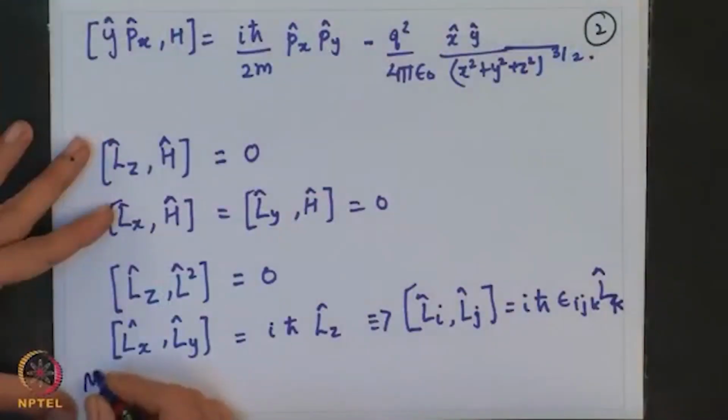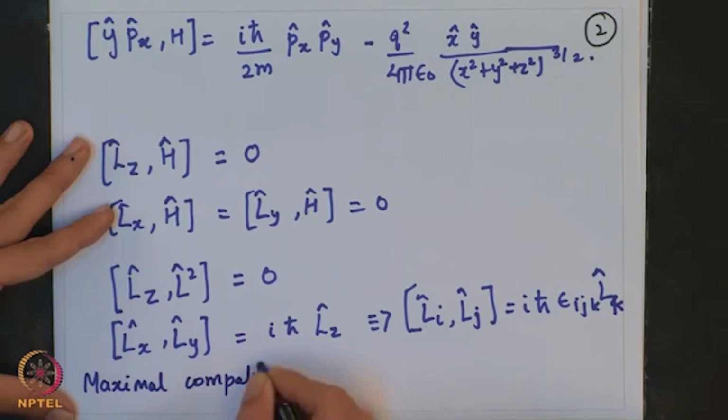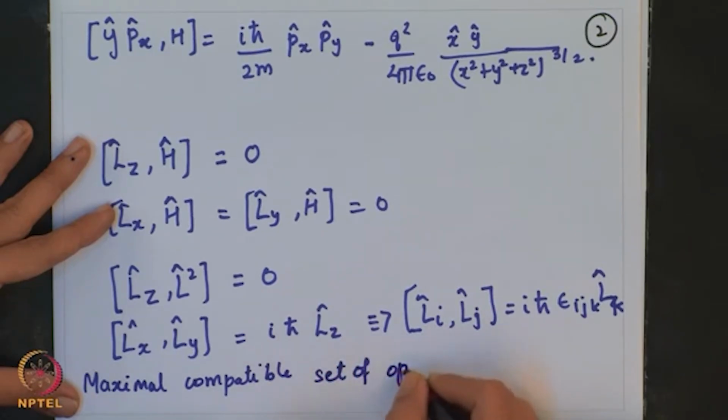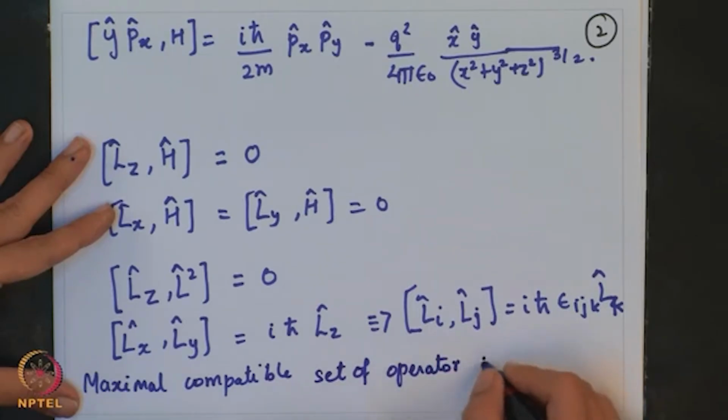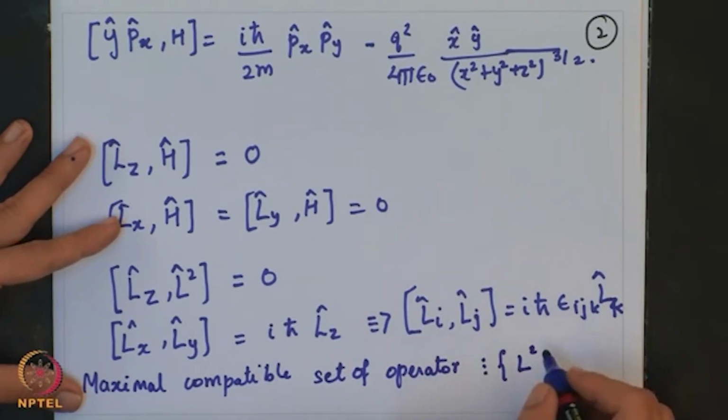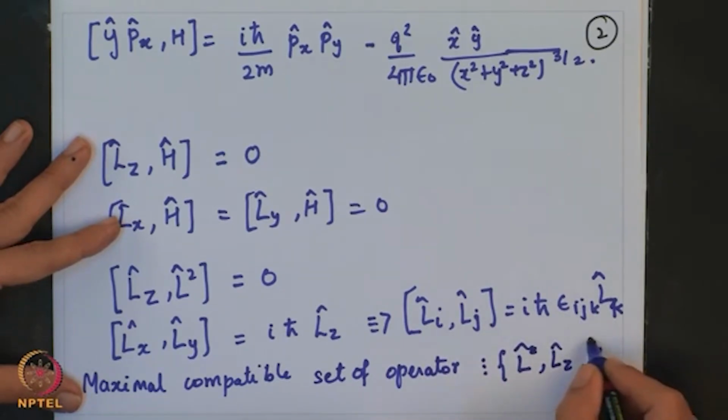So, the maximal compatible set of operators are L square, Lz and H. Instead of Lz, you can also have Lx or Ly.